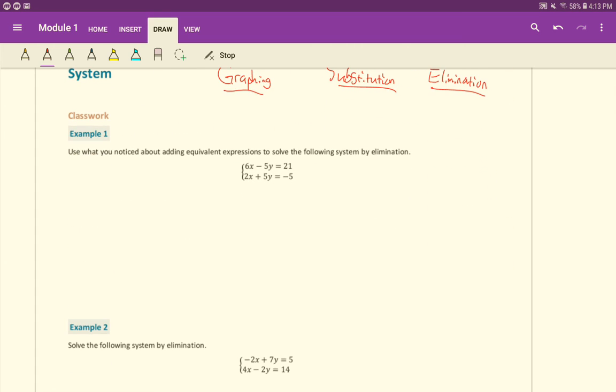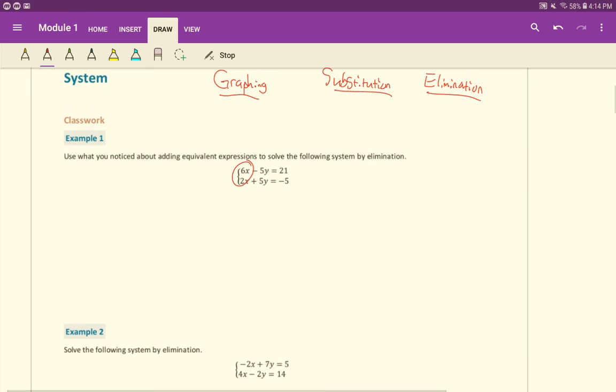All right, so we'll work through example 1. Now, if you look here at example 1, what do we have here? What can cancel out? Look at your variables. Will 6x plus 2x cancel? No. But what about this -5y and the 5y? They are exact opposites. We can get those to cancel.